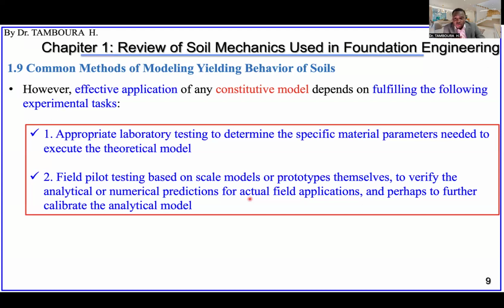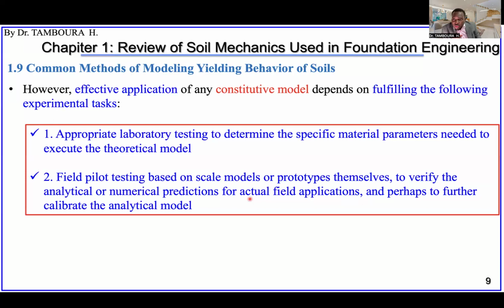Okay, and you perform loading test on those piles and obtain load settlement curves. Okay, then you compare the load settlement curve obtained from the loading test with those you obtain from your numerical model, constitutive model.